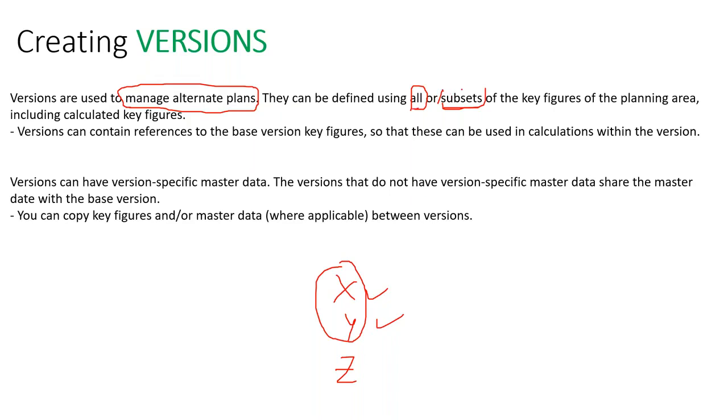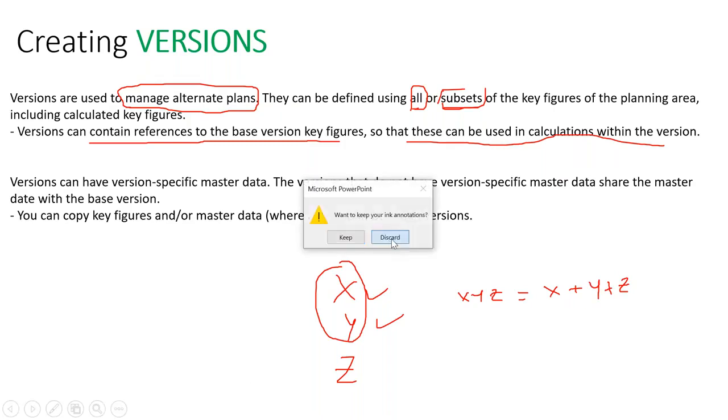So using all or a subset of key figures, versions can contain references to base version key figures so that these can be used in calculation within the version. Like you say that Z is equal to X plus Y plus Z. Why have all these X and Y's and Z?